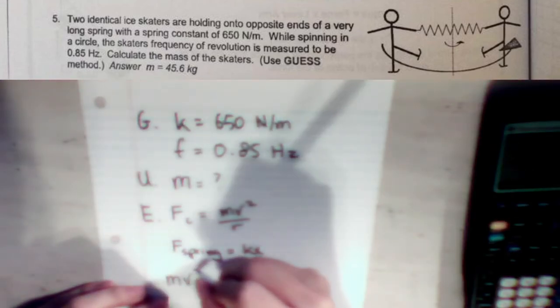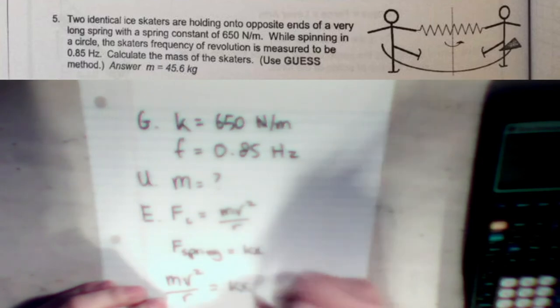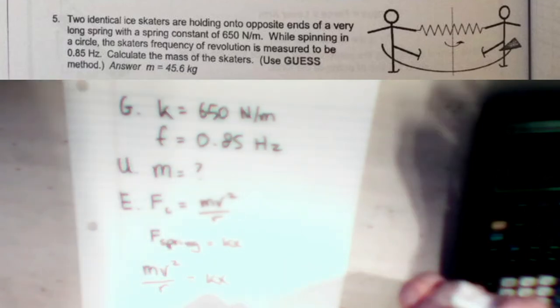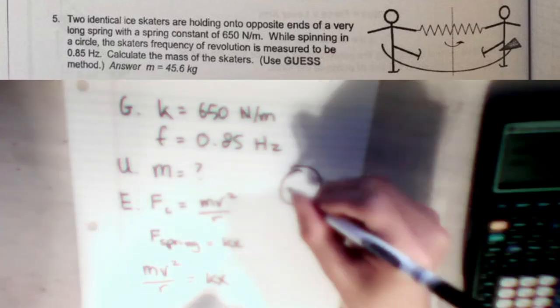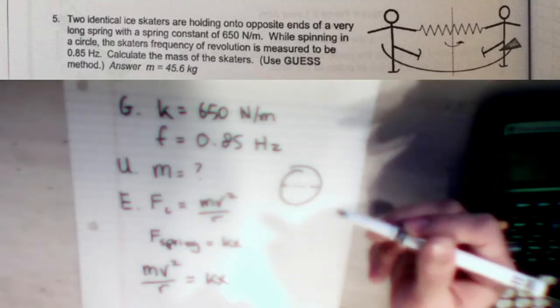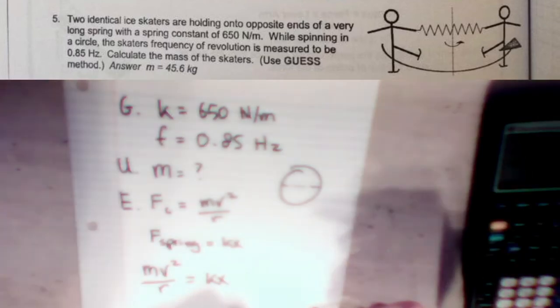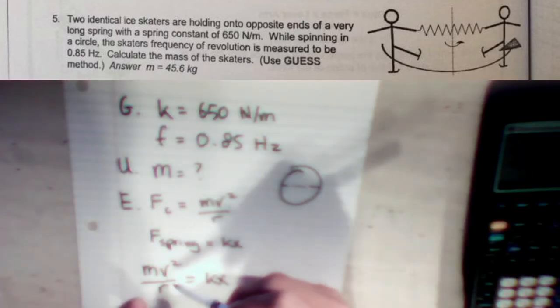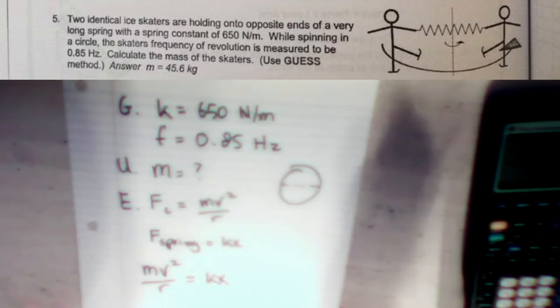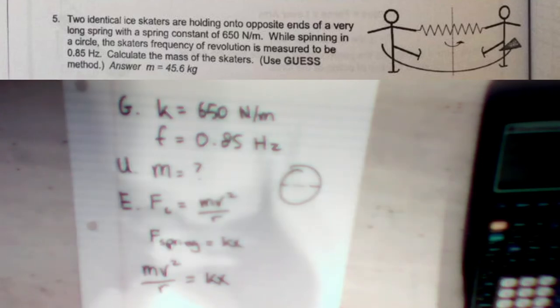So mv squared over r is equal to kx. In this case, you have a circle, so this is the total x, that's the distance of the spring. But on this side of the equation you have radius, and this side you have essentially diameter, but you know neither of the two, so you're going to want to have all the variables in a way that they can cancel out, be equal to each other, or are in your givens.